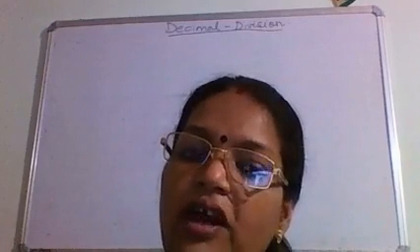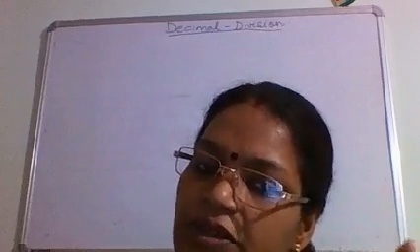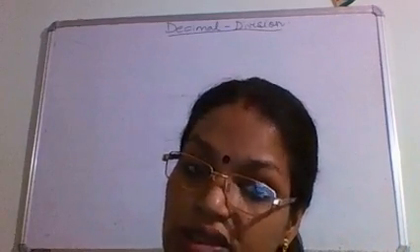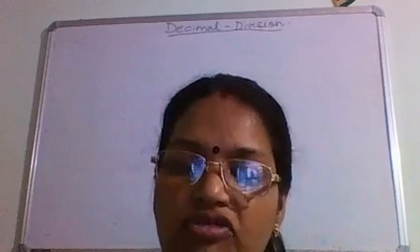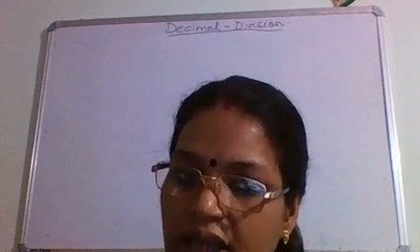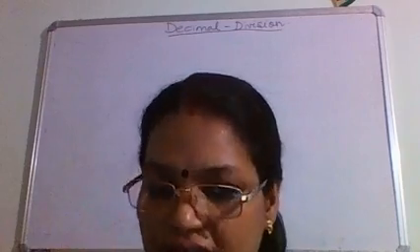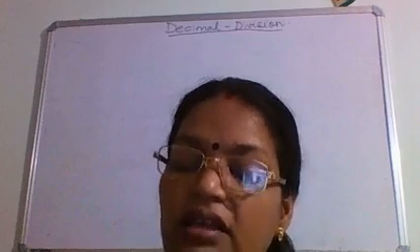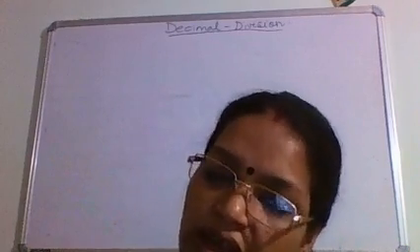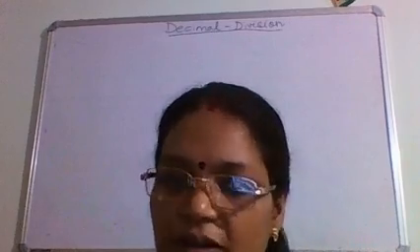And when you have to divide it by 1000, how many times it will be shifted? 3 times towards left. So remember, when you are multiplying by 10, 100, 1000, the decimal shifted towards right. And when you are dividing, the decimal shifted towards left. As many zeros as there are, that many digits the decimal will be shifted.